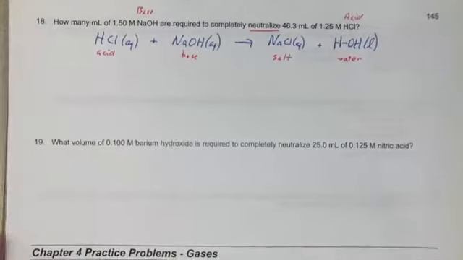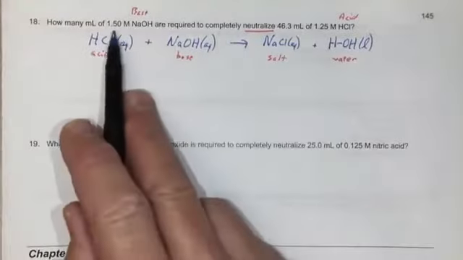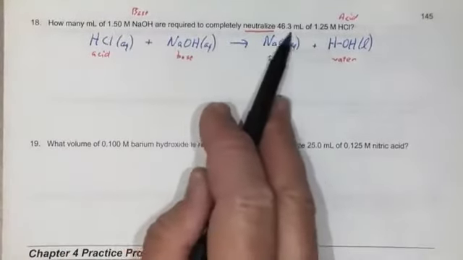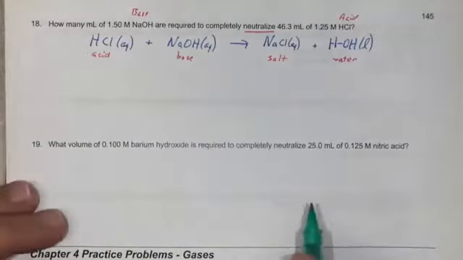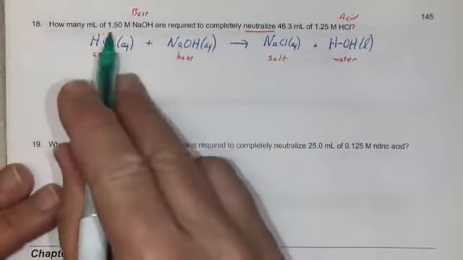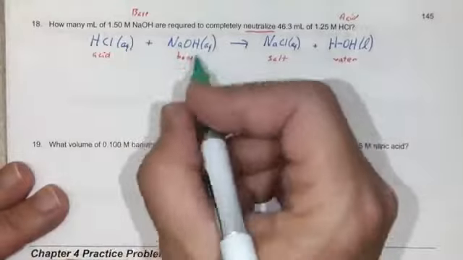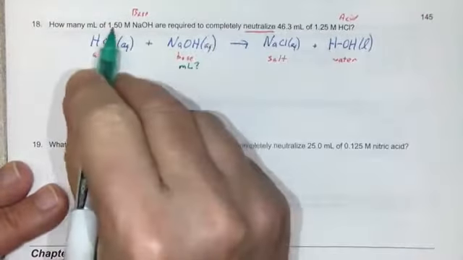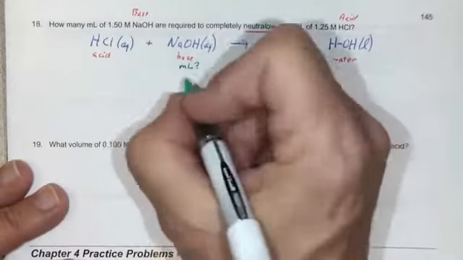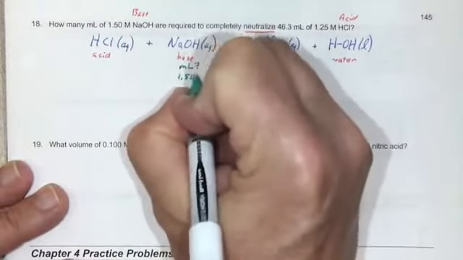Now, one thing that I like to do when there's lots of data here, say I've got three numbers, 1.5 molar, 46.3, 1.25. What I like to do is underneath the equation, I like to write the quantities that are given and what we're looking for. So this says how many milliliters of sodium hydroxide. So I want to know the number of milliliters. I put milliliters concentrated, but question mark, but the concentration is 1.50 molar.